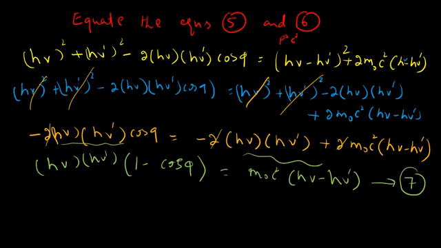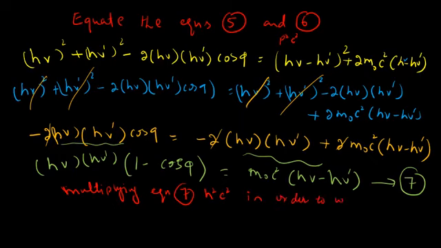So now we can further simplify this equation, and how we can simplify it: we can multiply equation 7 by h square c square in order to write it in terms of lambda.